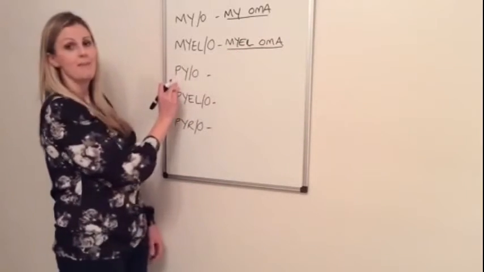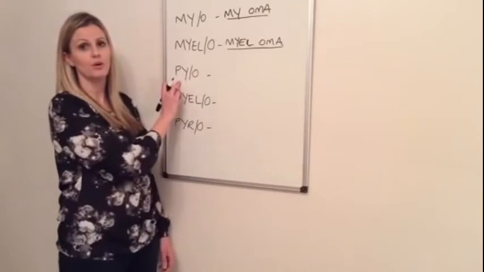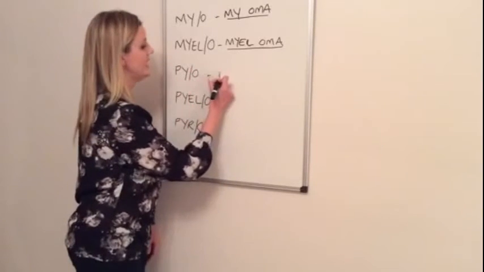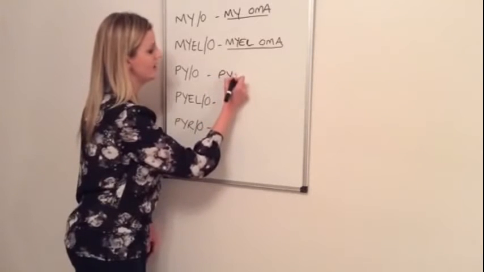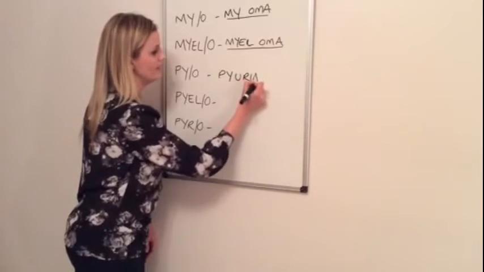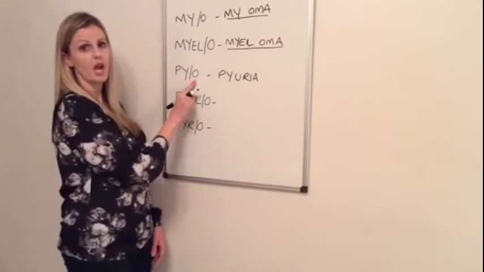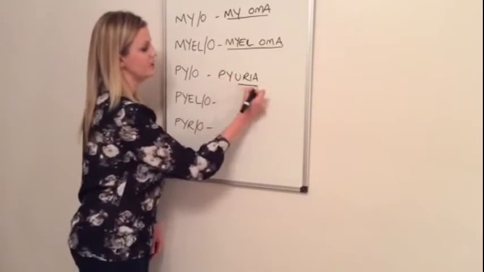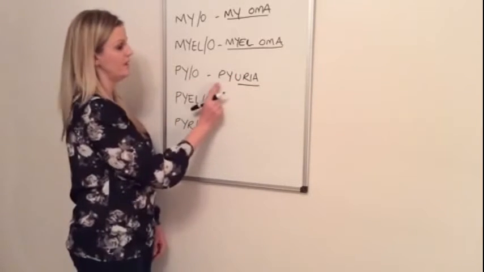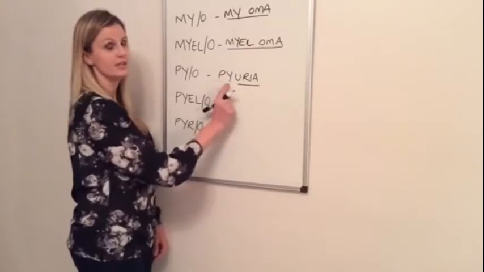Moving down to pyo. Pyo means pus. So a word you could use here would be pyuria. Notice I didn't put the O in because our suffix uria starts with a vowel. Pyuria, pus in the urine.